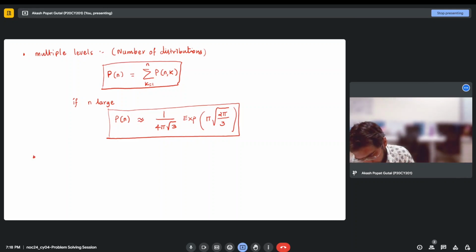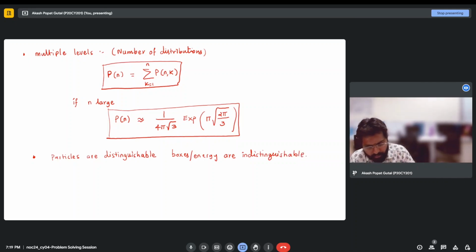Then we have discussed the formula for when particles are distinguishable and boxes or energy levels are indistinguishable, and we are having n particles and r levels.